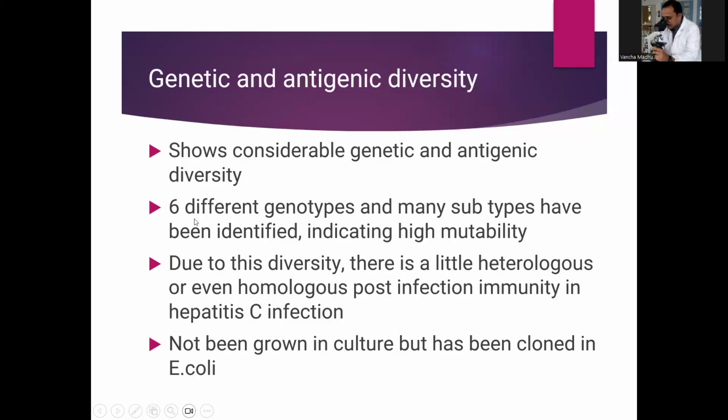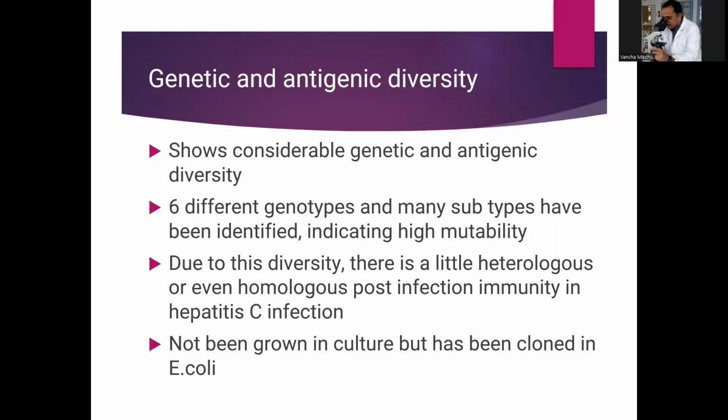So based upon this genetic and antigenic diversity, there are six different genotypes. Genotype 1 and genotype 2 cause most infections. They are the most common variants in the Western countries.